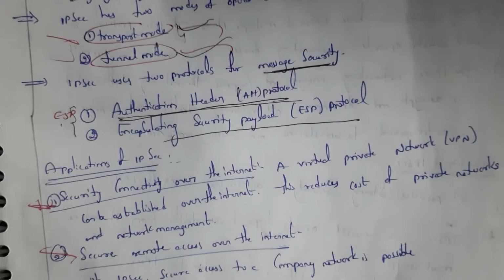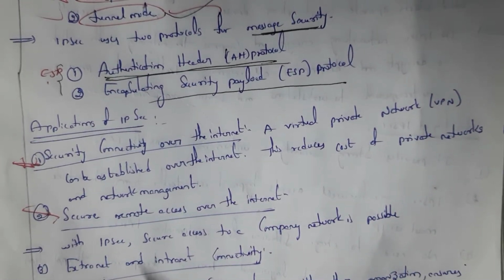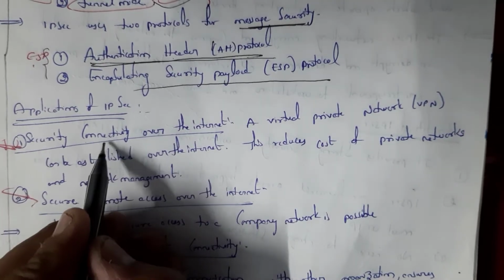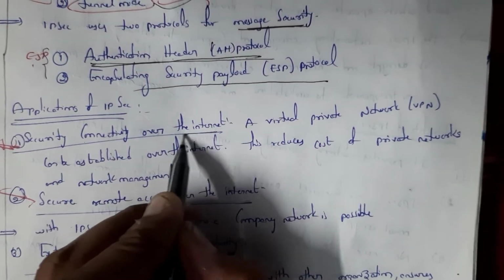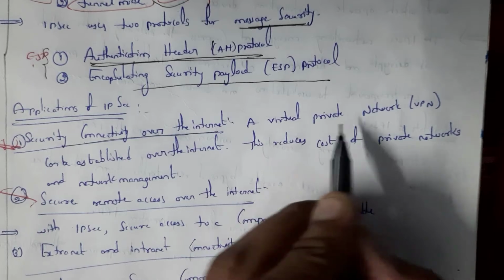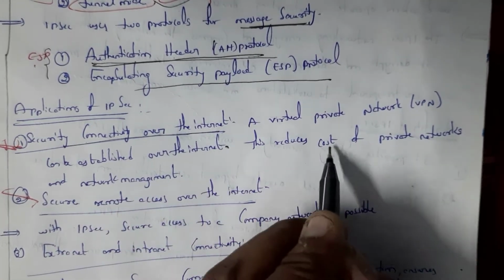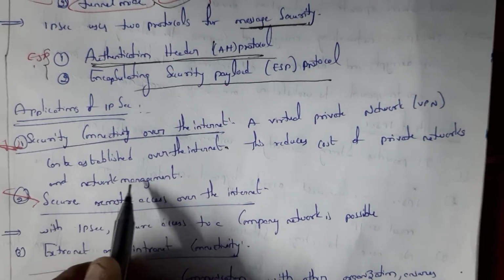Applications of IP security. First one is secure connectivity over the internet. A virtual private network can be established over the internet. This reduces the cost of private network and network management.